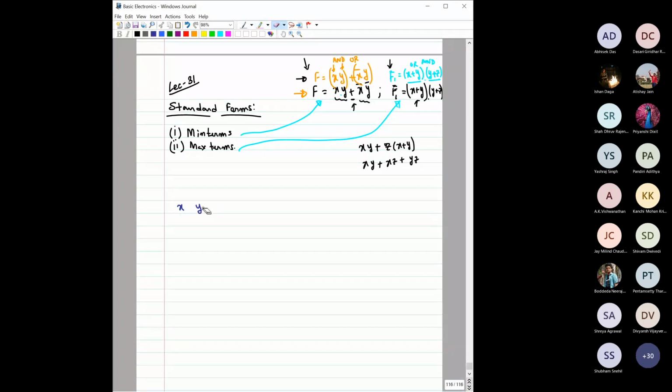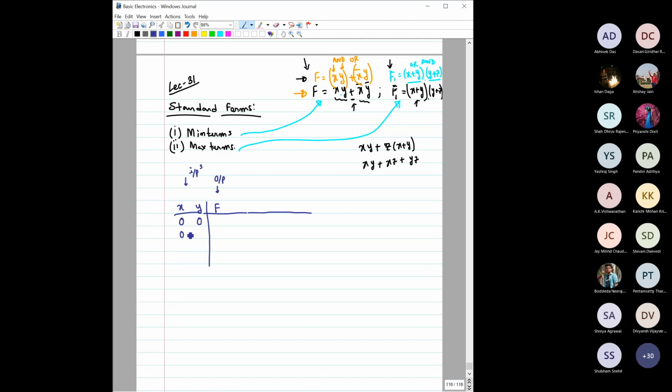Let me draw it again. These two are x and y, and this is the function f, the output. We do not know what the circuit is right now, but we know these are the two inputs and f is the output. Two inputs means two literals.